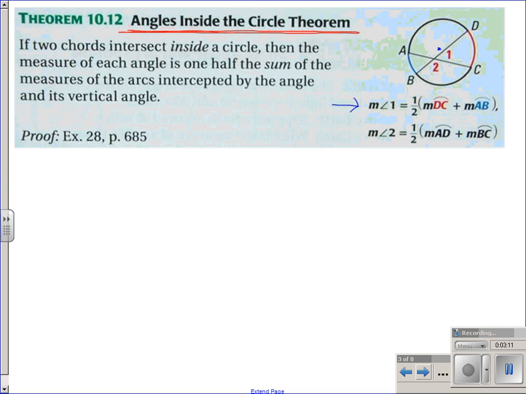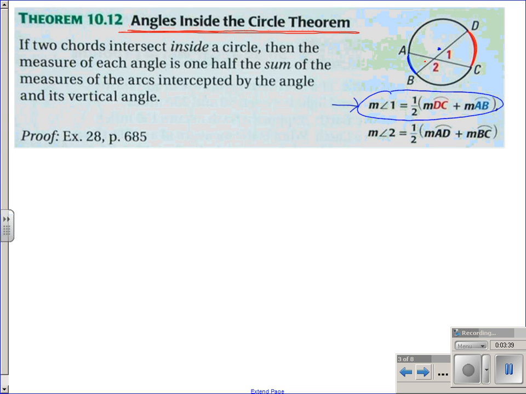You really have to pay attention to these statements. Angle 1 is intercepting arc BC, this arc here. Angle 1 has a vertical angle over here, and that angle's intercepted arc is arc AB. So angle 1 is going to be half the sum of those two arcs, and that's what this statement says.